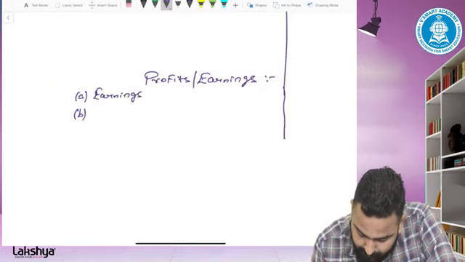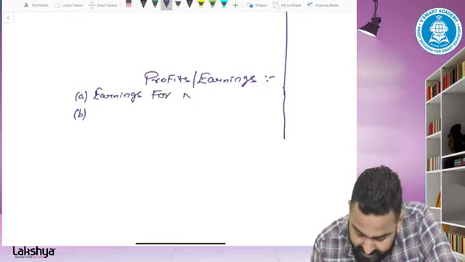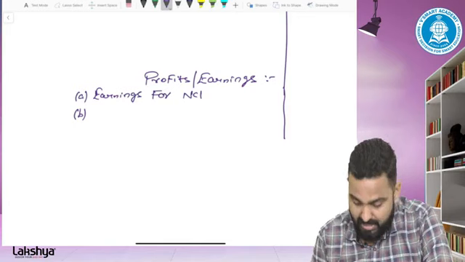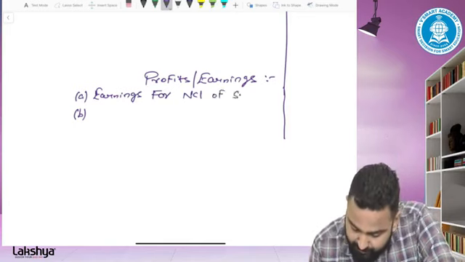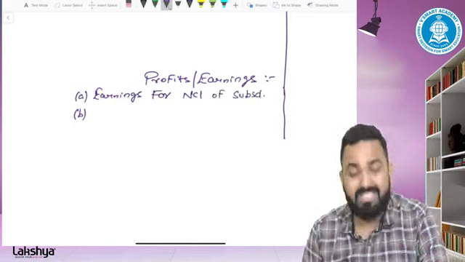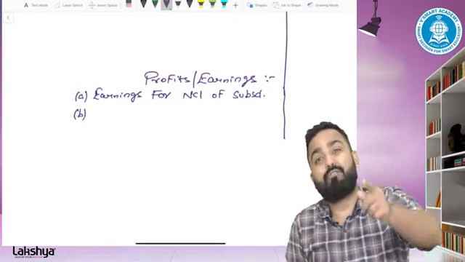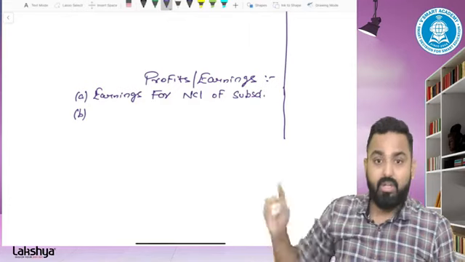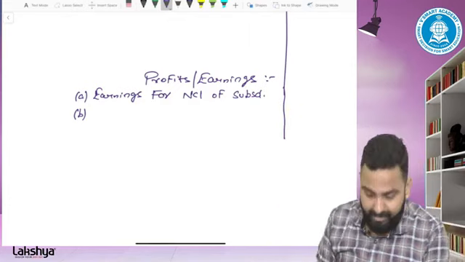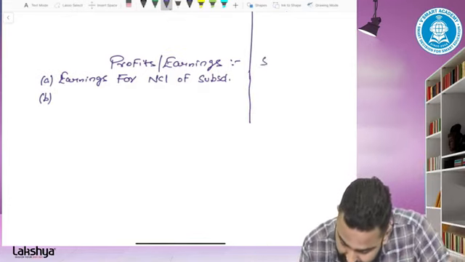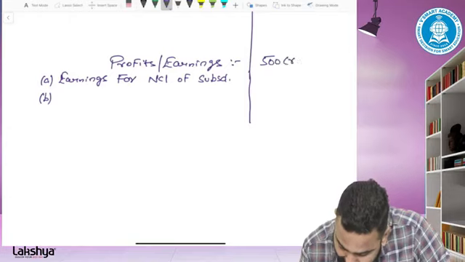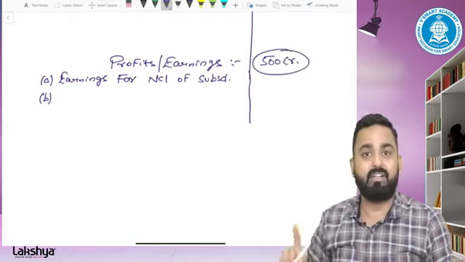Earnings for NCI, non-controlling interest, of subsidiaries, meaning the shareholders of your subsidiary company. Suppose we have 500 crore of earnings this year.